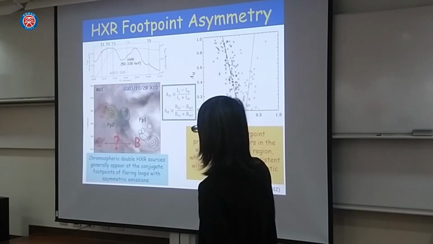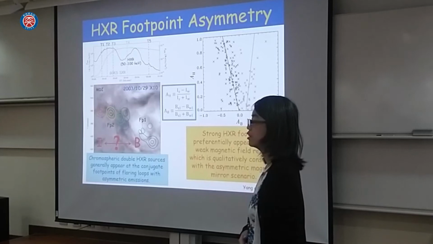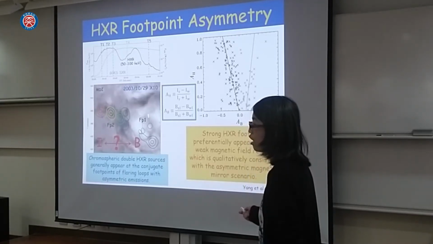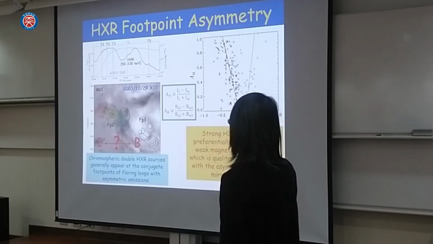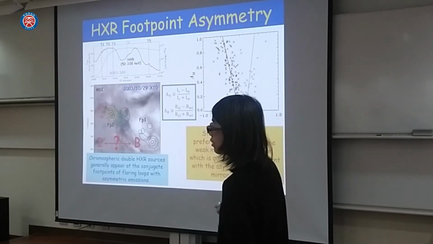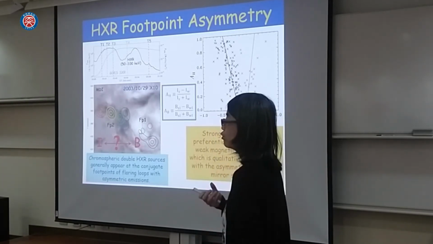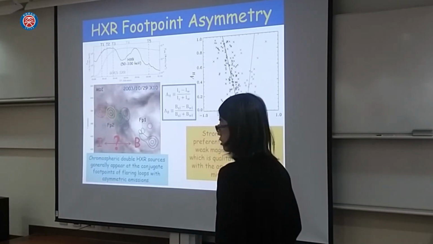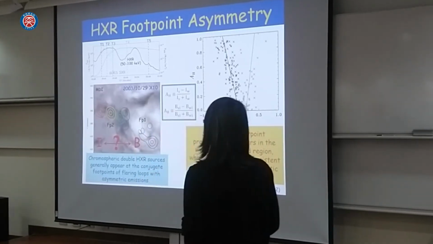And the other parameter is the asymmetry of the magnetic field, AB, which can be positive or negative. A negative AB means the strong HXR footpoint is located at the weaker magnetic field region. So here are our results.